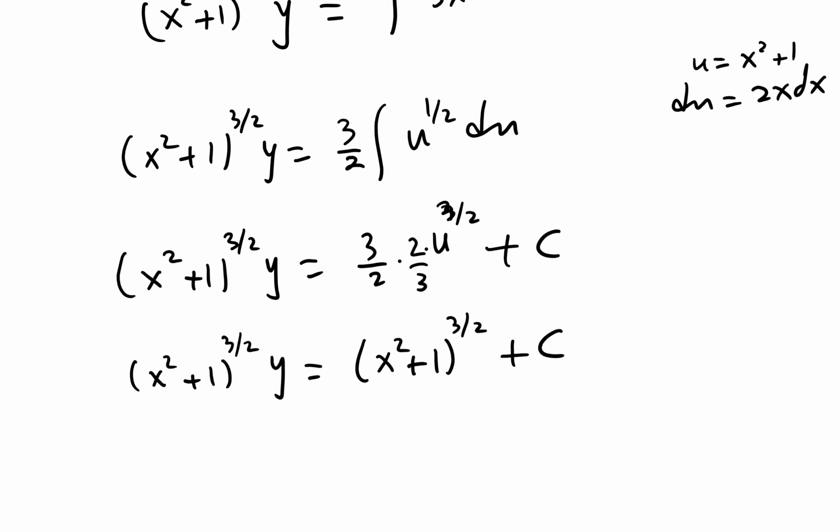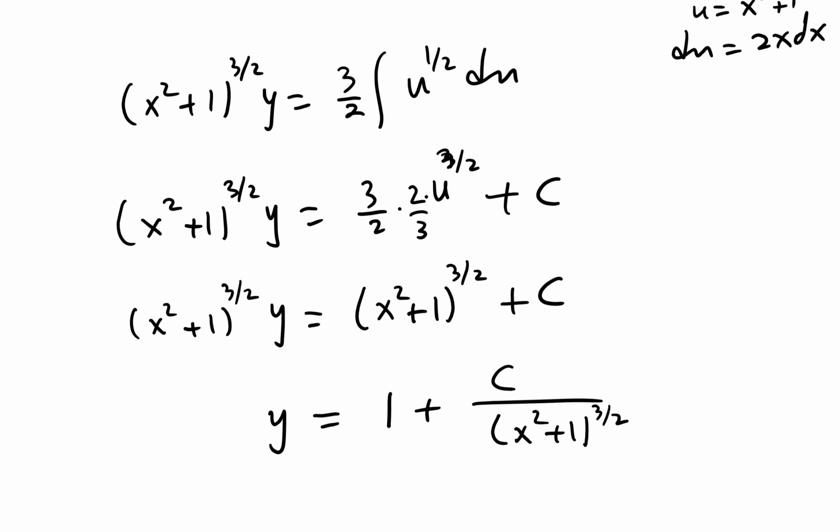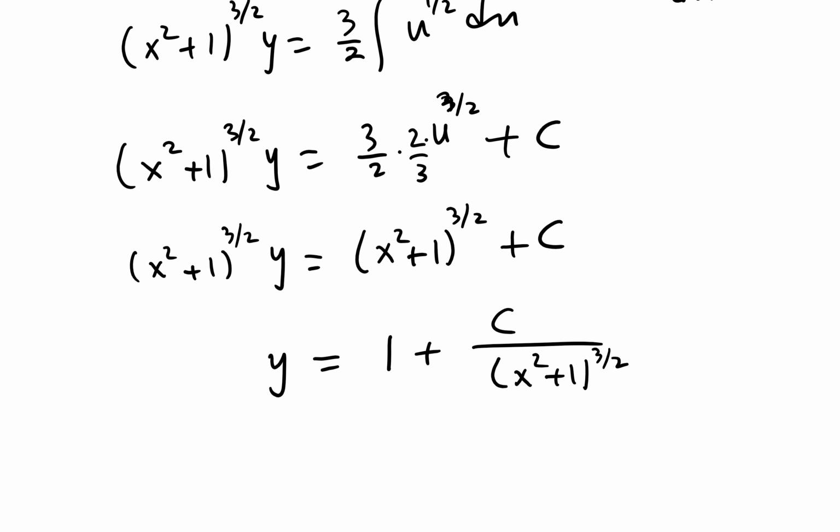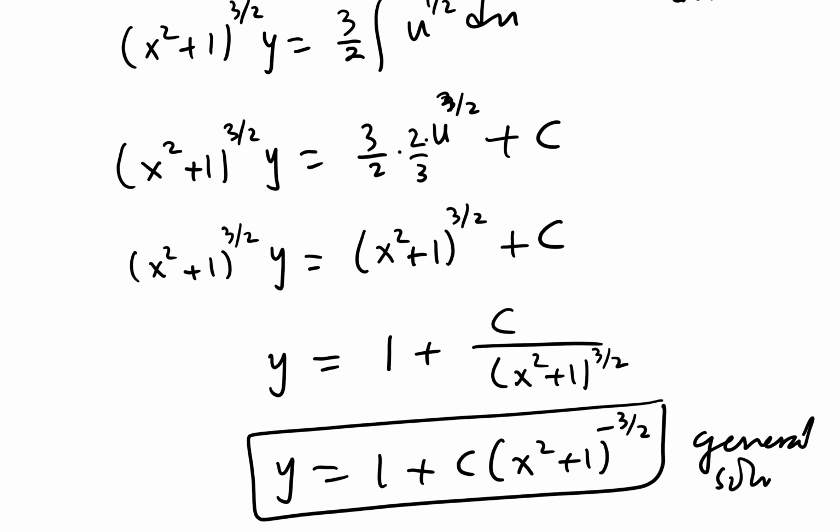Now if you divide both sides by x squared plus 1 to the 3/2, that'll give me 1 plus c over this, which you can rewrite as 1 plus c times x squared plus 1 to the negative 3 halves. This is called the general solution to that differential equation.